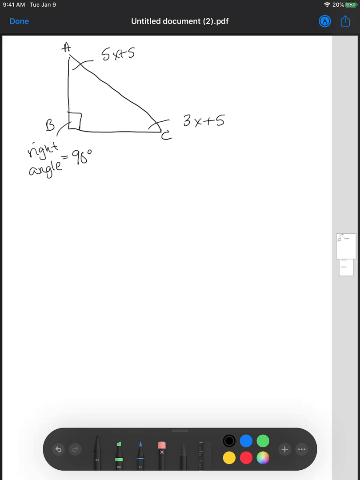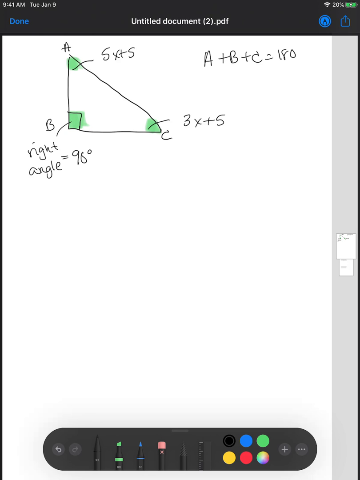Okay, so let's think. I know that A plus B plus C equals 180 degrees. The angles in the triangle, so angle A, angle B, and angle C, equal 180. Well, I know what one of them is, so I'm going to write this out in an equation.